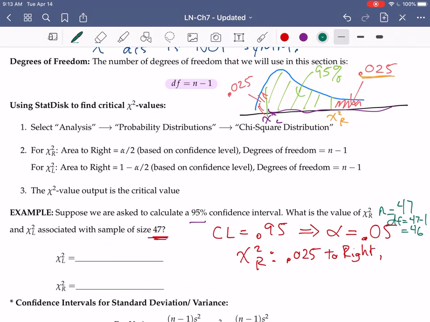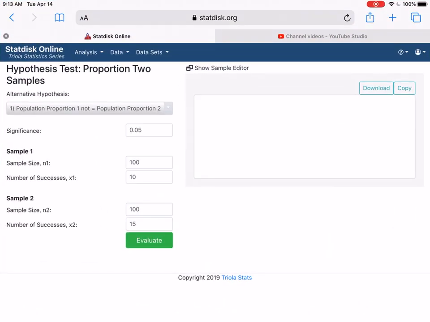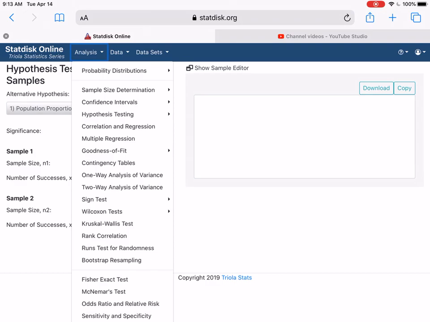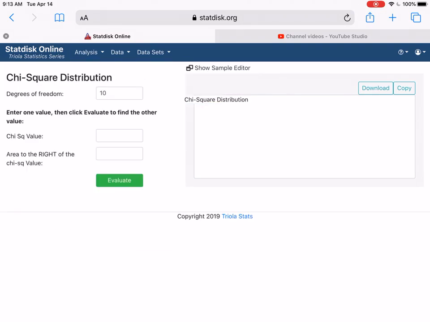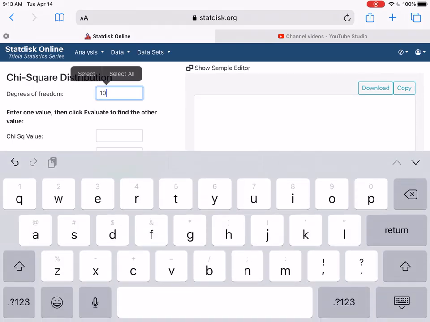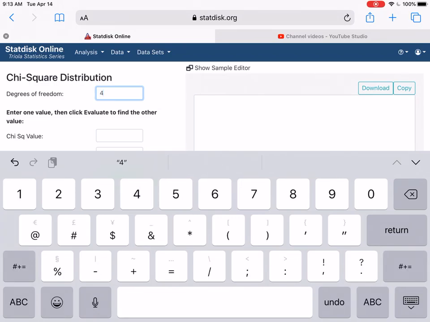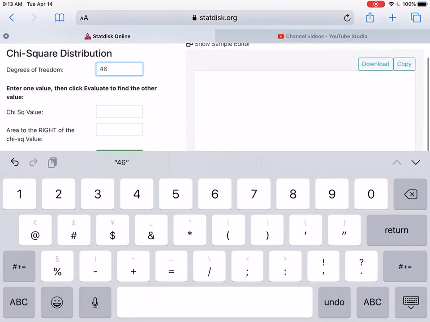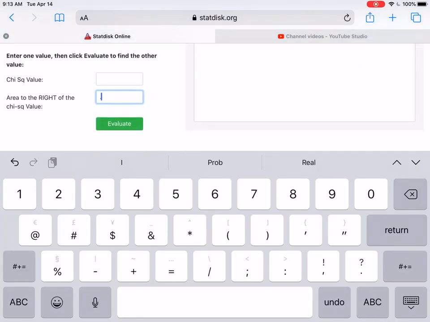All right, so let's go to StatDisk and see what we can find. So we are going to choose analysis, probability distributions, and then the chi-square distribution. Our degrees of freedom was 46, I believe, and the area to the right of the value we want is 0.025.